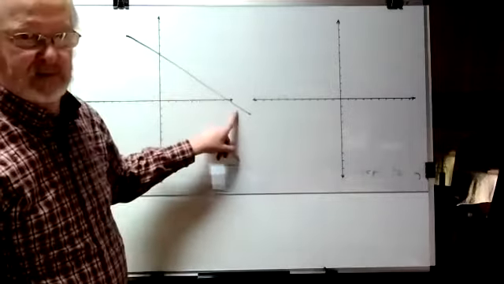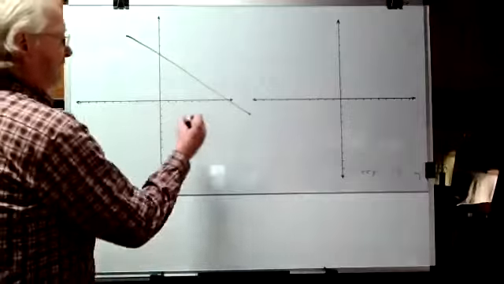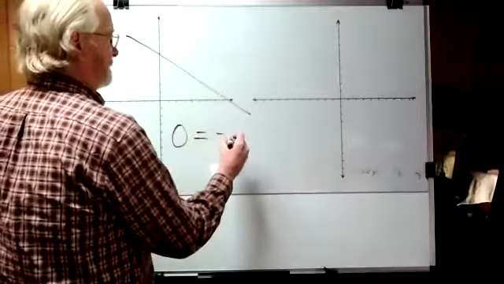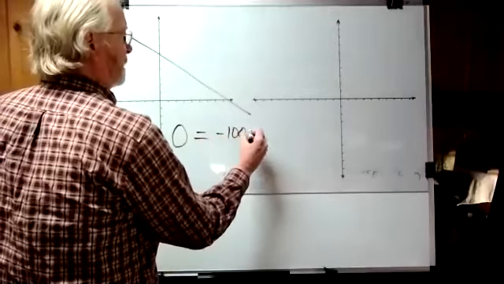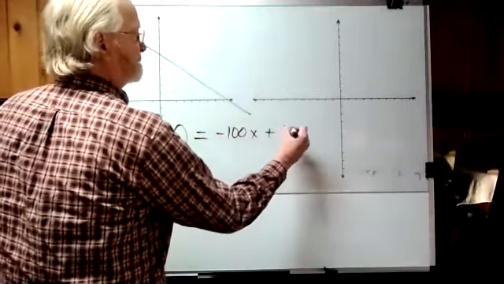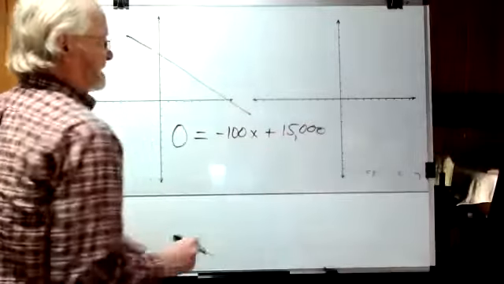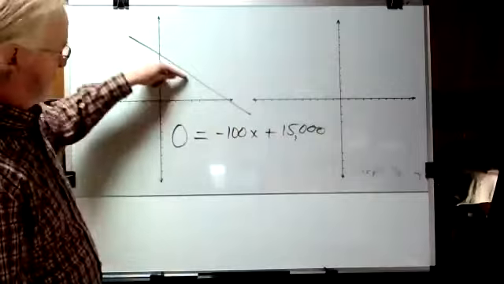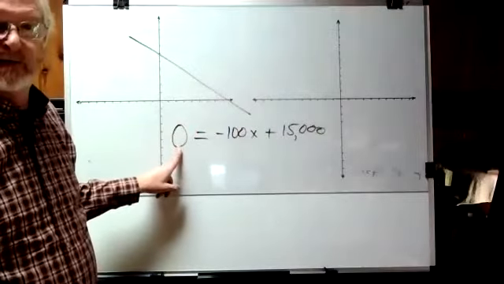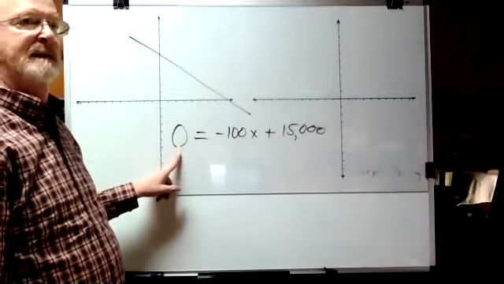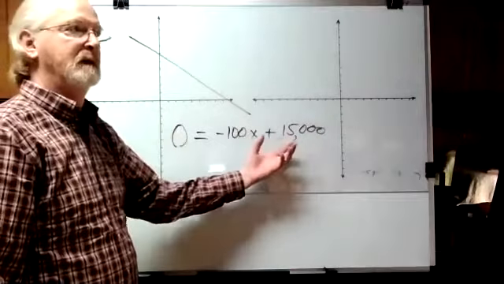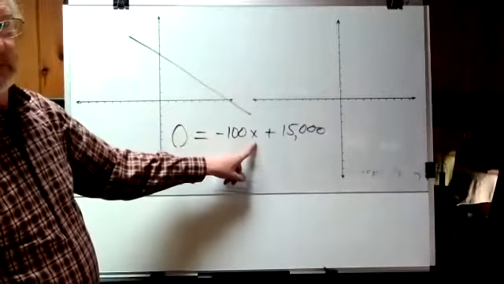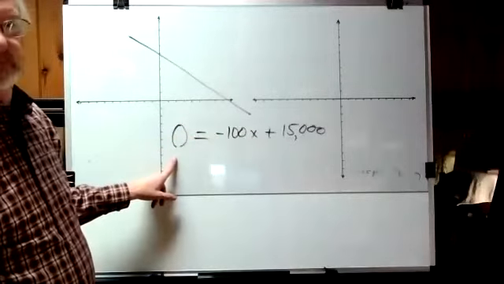When do you get to 0 here? That means your final value is 0, and then you'll have whatever the rest of your equation is. I've just made something up here. Say I started at 15,000, but I'm losing 100 a year. When does it get to a final value of 0? Here, you're not given an X value or a time, you're given the outcome. How long would it take to get to 0?